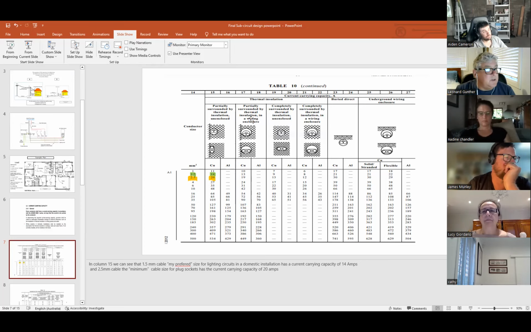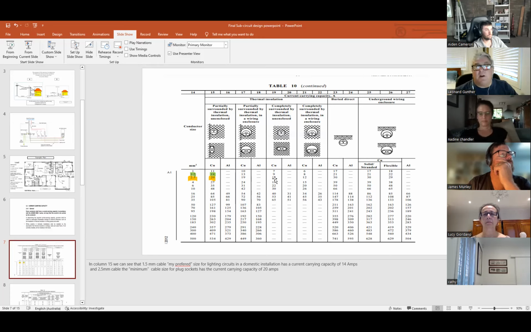If you look at these other columns, completely surrounded means that the cable would have insulation completely right around it, as you can see in the picture. That reduces the current carrying capacity yet again. This is a problem they had when they put insulation in the roofs of houses. There might have been insulation in part of it and they put more insulation on top of it.